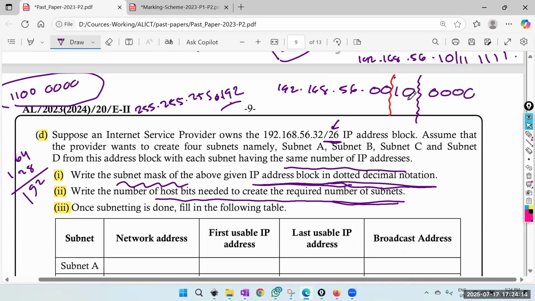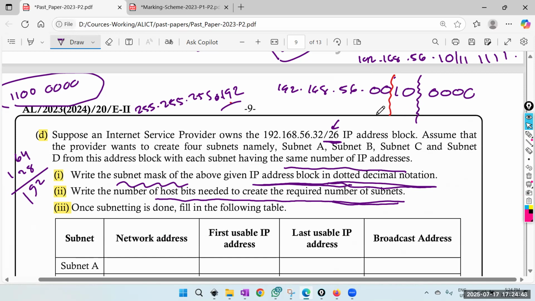This is one of the IP addresses there. 1, 2, 4, 8, 16, 32, 64, 128. So we forget about this 1, 0. Then 0, 0, 0, 0 is the first block. Then 0, 0, 1, 0 is the second block. 0, 0, 0, 1 is another block. 0, 0, 1, 1 is another block.